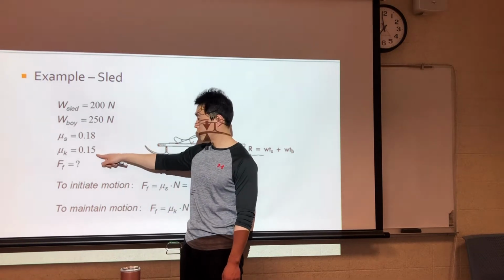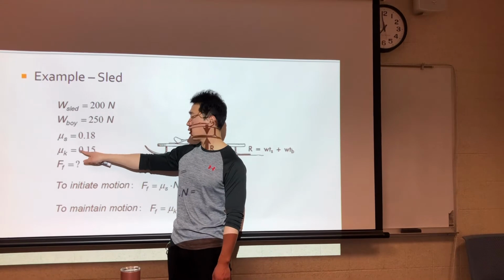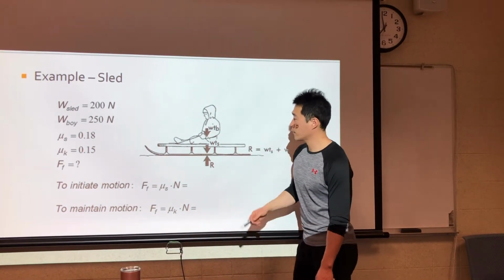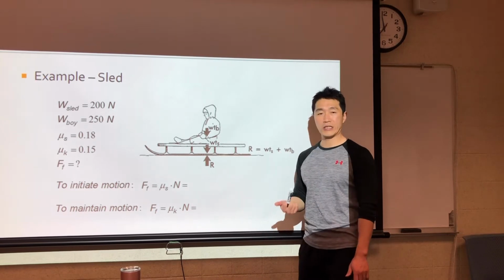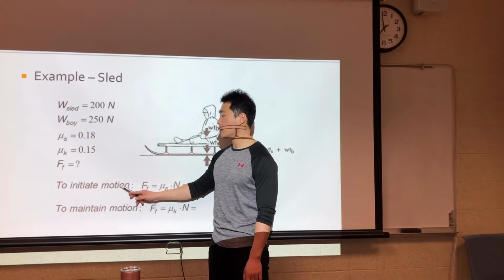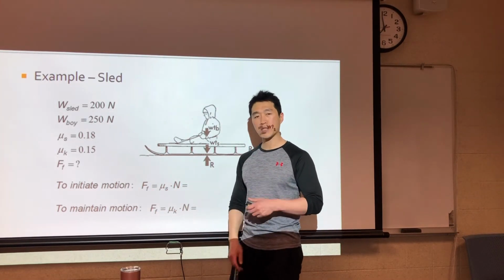This one is larger than this. This one can be used to calculate the maximum static friction, and this one the kinetic or dynamic friction. This is asking us to calculate how much force is needed to initiate motion, which means calculating maximum static friction.